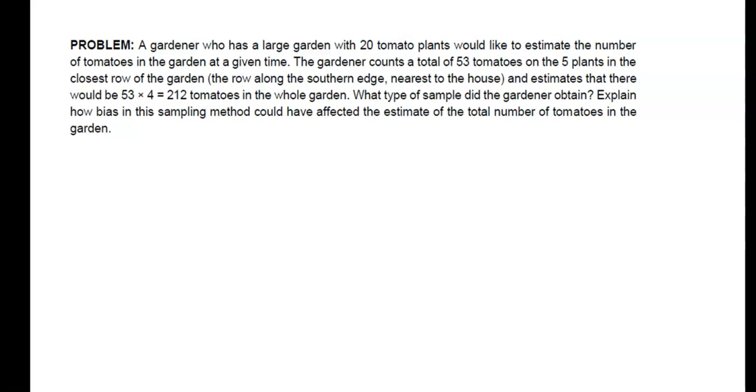Okay, so the gardener counts a total of 53 tomatoes on the 5 plants in the closest row of the garden, the row along the southern edge nearest to the house, and estimates there would be 53 times 4, 212. I have to read this again.